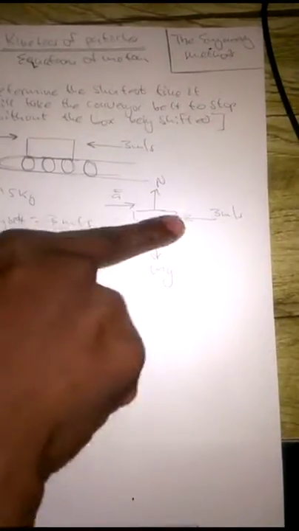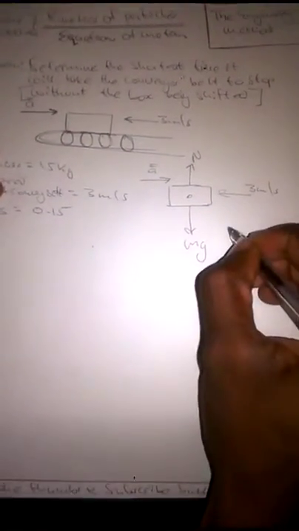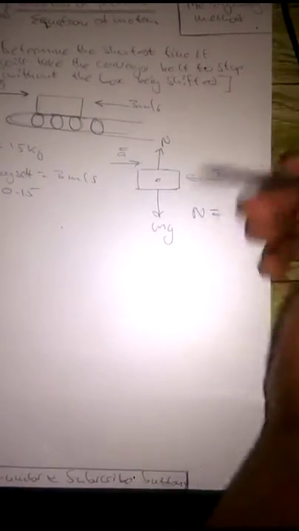So from our free body diagram, since the resultant force in the y direction is 0, we have our normal reaction force equal to mg.